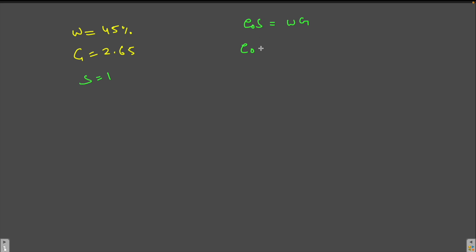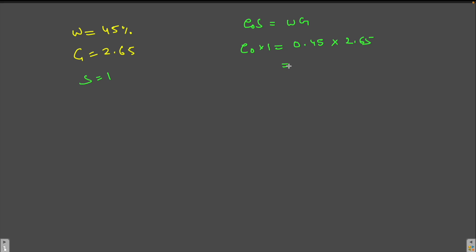So using this we can find out e, that is initial void ratio e naught. So e naught into 1 is equals to w into G. What is the value of w we are going to take? 0.45. What is the value of G we are going to take? 2.65. If you multiply these two, you are going to get the value of e naught. So I've already calculated this.